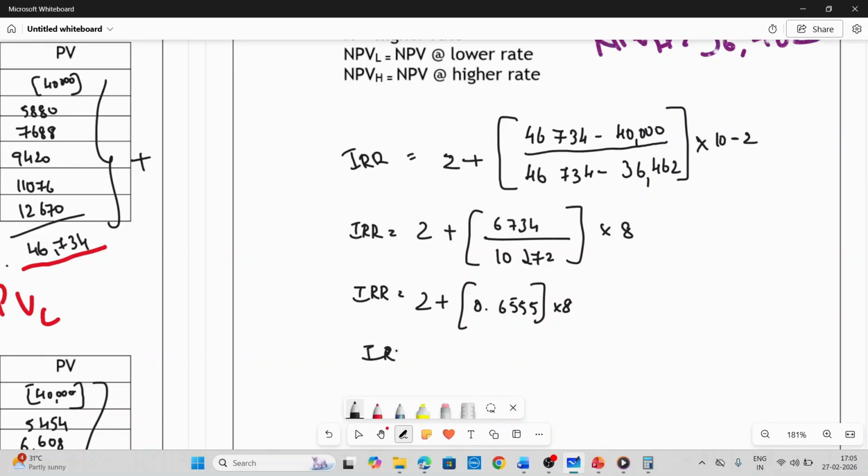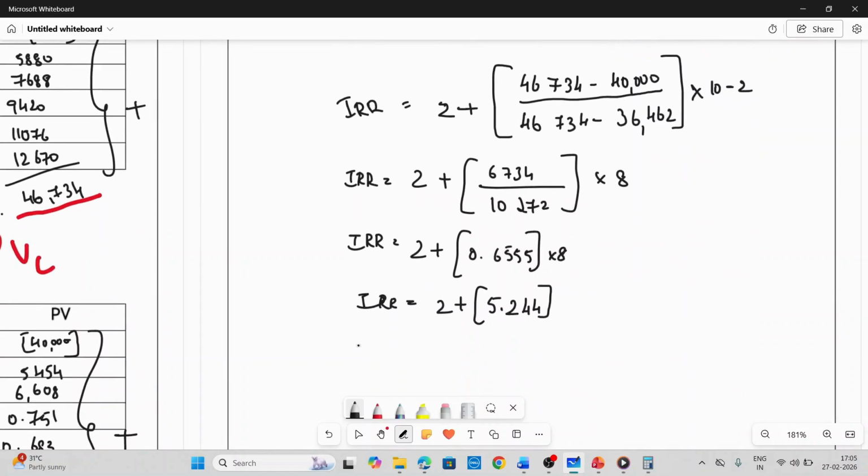So IRR is equal to 2 plus 5.24, which is 7.24. Okay, this is IRR.